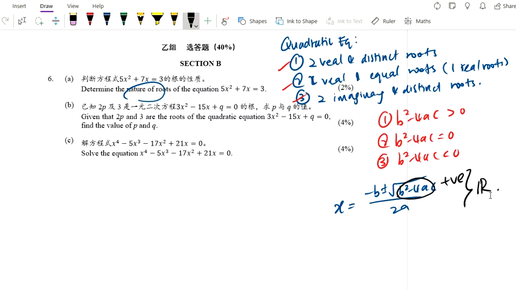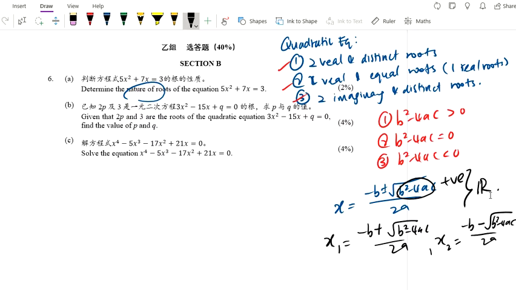And why do we have two distinct roots? Because x1 will be negative b plus square root b squared minus 4ac over 2a, and your x2 will be negative b minus square root b squared minus 4ac over 2a. This is why you have two distinct roots.